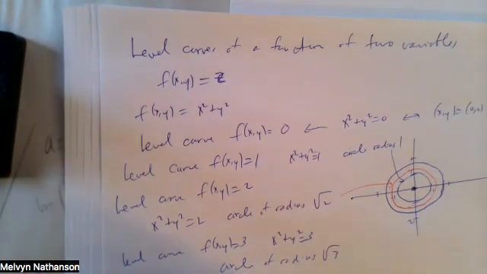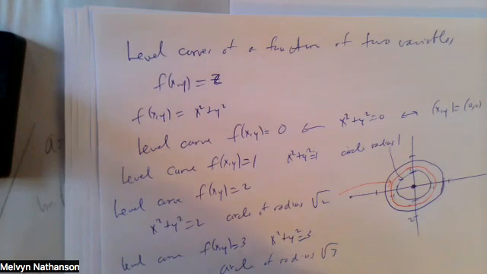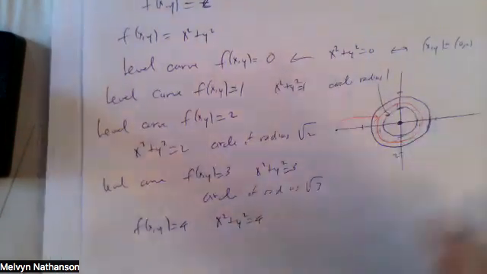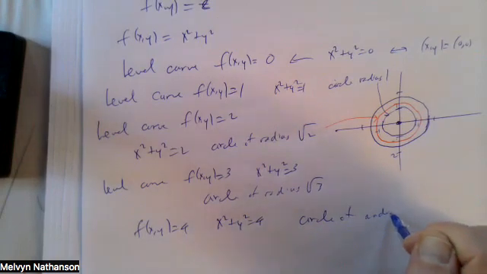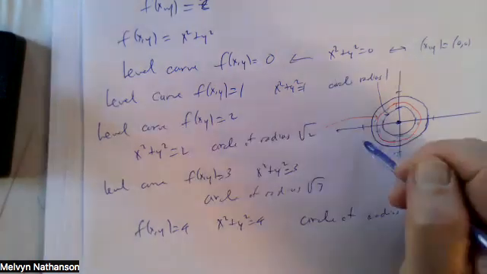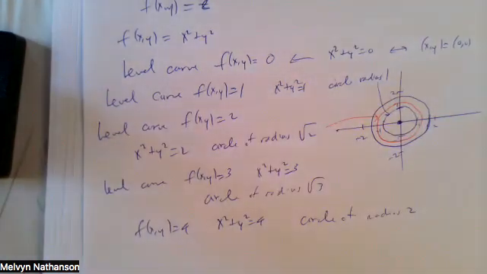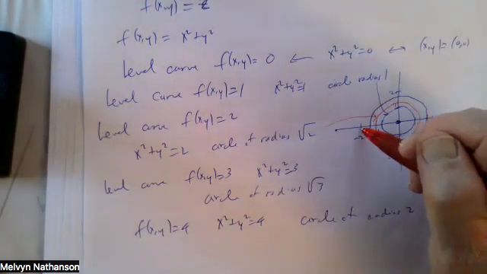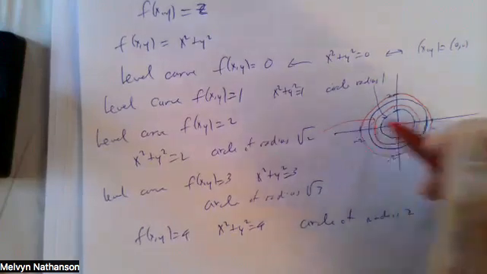And f of x, y equals 4, x squared plus y squared equals 4. That's a circle of radius 2. And so on.